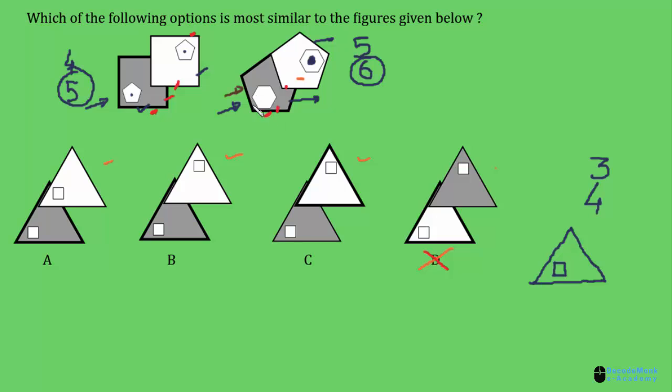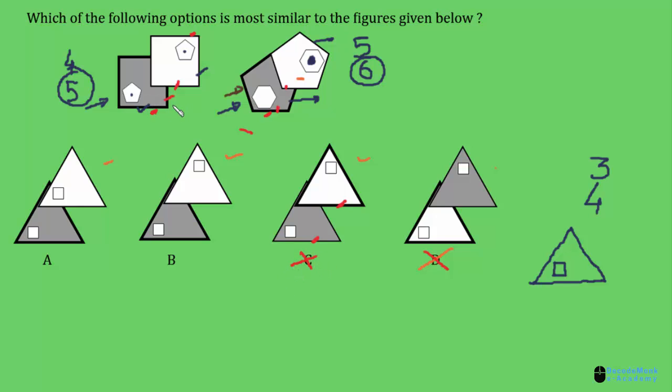So we see that the shaded shape has got a deeper border. So for A and B we see that the shaded portion has got deeper border, whereas for option C we see that this is not deeper, whereas this white colored triangle is deeper. So the rule goes against these test figures. So option C also can be eliminated.